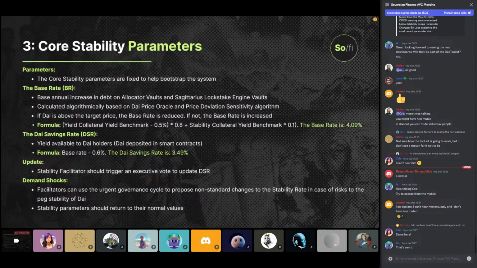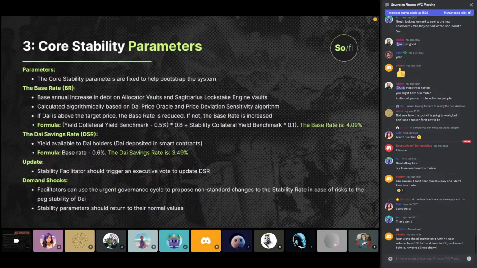And one interesting, work in progress part of the scope is that so far Block Analytica is the only member of the advisory council. We haven't gone through the process of onboarding additional contributors as advisory council members.